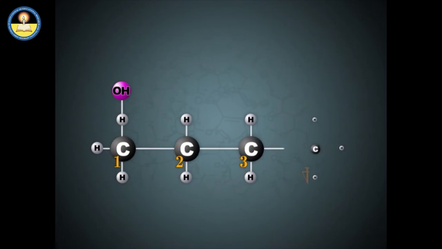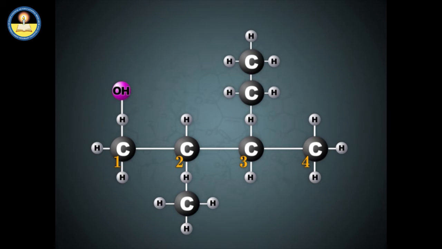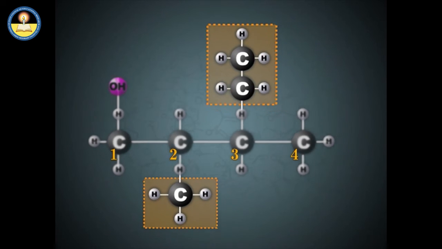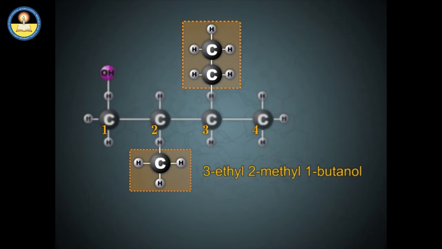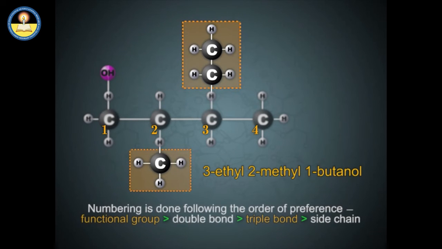When different alkyl groups are present, it is named as 3-ethyl, 2-methyl, 1-butanol. Here, numbering is done following the order of preference. Functional group gets more preference than the double bond, which in turn gets more preference than the triple bond, which gets more preference than the side chain.